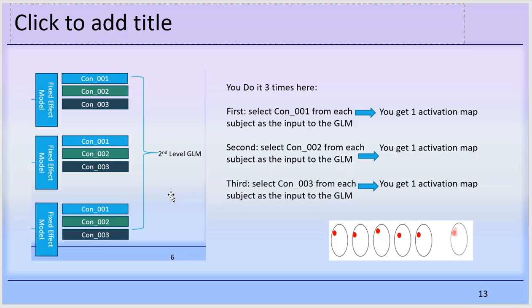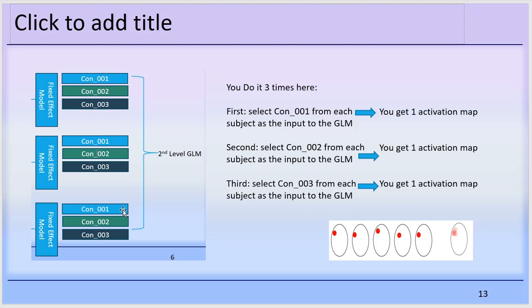Let's say, for example, you have 3 subjects, and each of these 3 has 3 contrast images at the end. When you want to do your second level GLM, in the first execution of your program, you select the first contrast of each subject as the input.